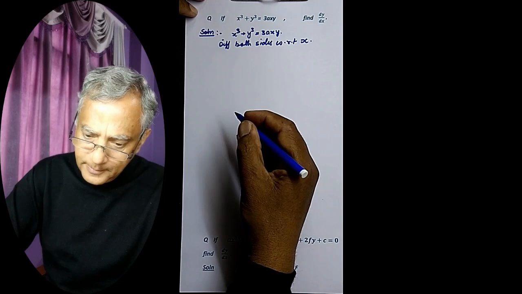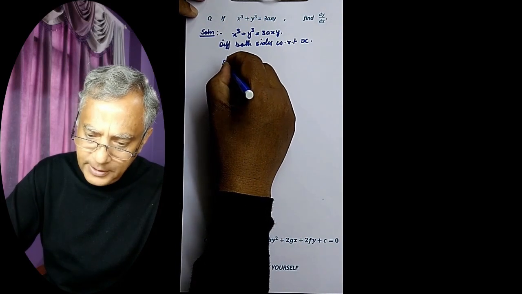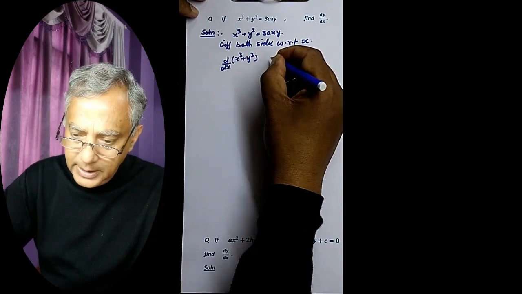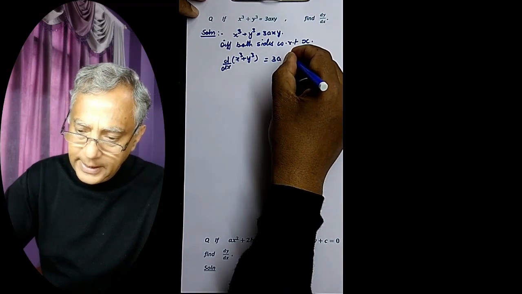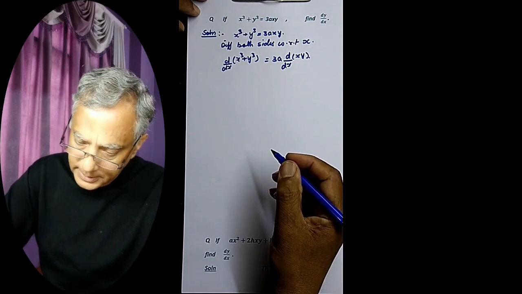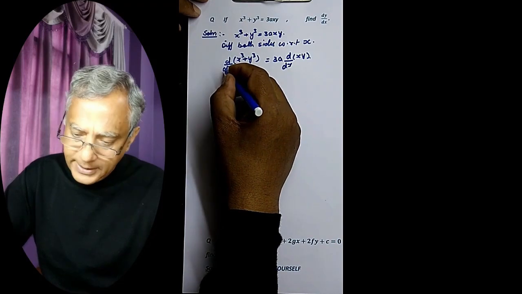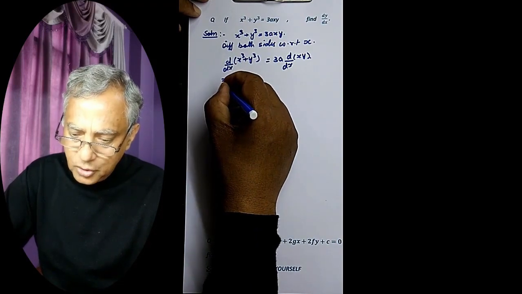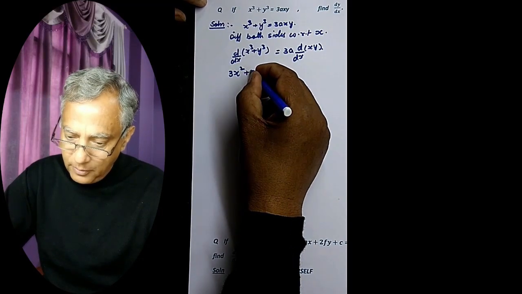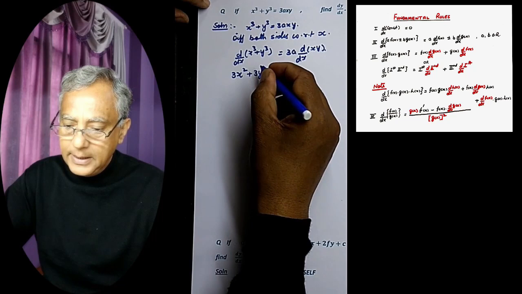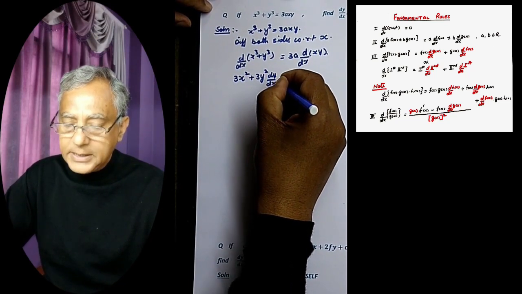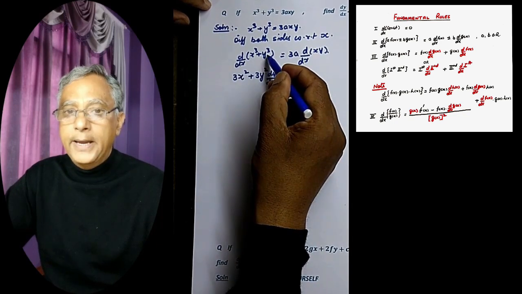What we get is d by dx of x cube plus y cube is equal to 3a, a is constant, d by dx of xy. Now d by dx of x cube is 3x square, and here the inner function is y, so differentiation will be 3y square, same formula, and extra will be dy by dx because a formula for x is being used for y.